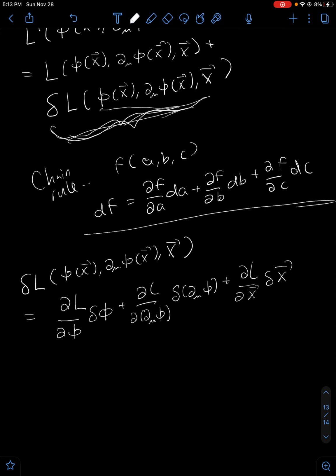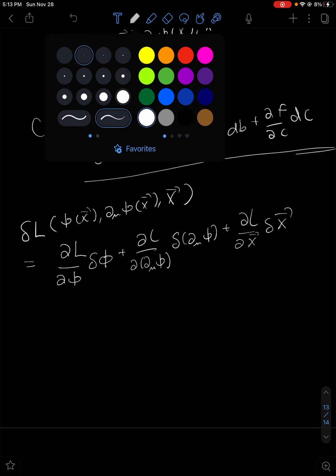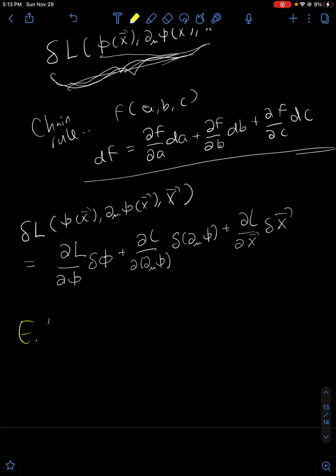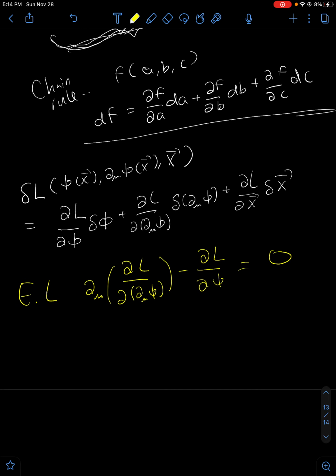So what can we do now? Well, remember that our Euler-Lagrange equation for phi is partial mu of partial L over partial mu phi, minus partial L over partial phi, equals 0. That's the Euler-Lagrange equation in quantum field theory.